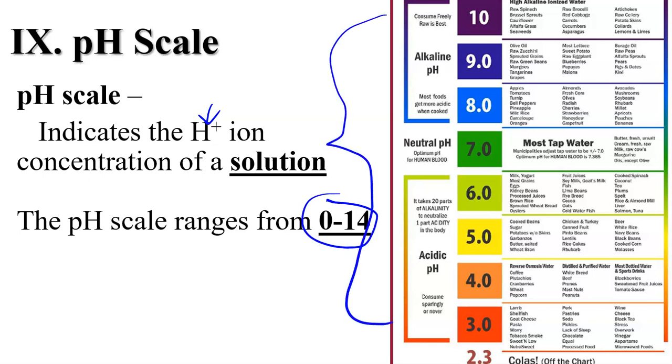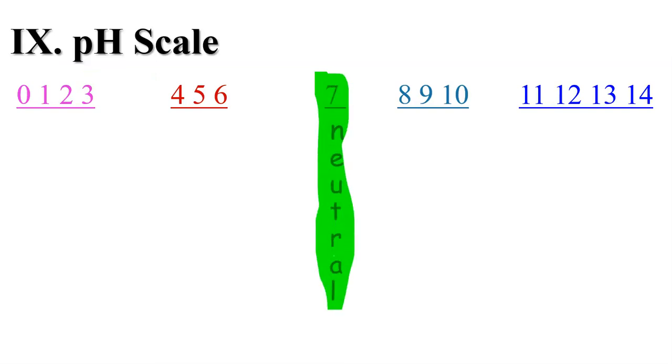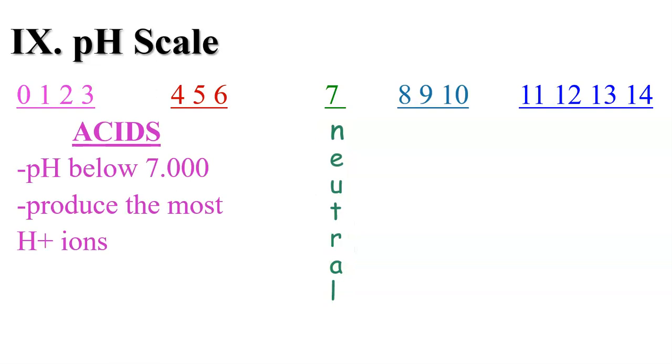I'm pretty sure you've seen it before somewhere. So this is our pH scale. We're going to distinguish the differences between 0 to 3, 4 to 6, 7, 8 to 10, and 11 to 14. The first thing we want to note is 7 is always going to be neutral. That's where we are happy.